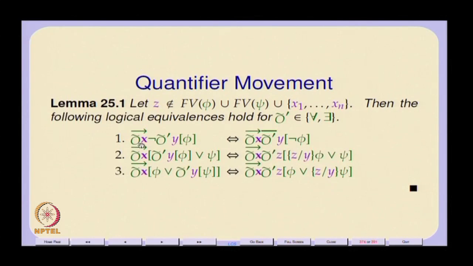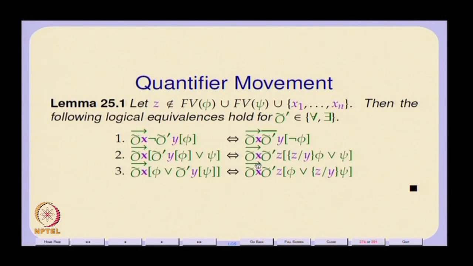Then for any vector of quantifiers followed by a not q prime, where q prime is one of the quantifiers, just like your De Morgan's law, you invert the quantifier q prime, so you get q prime bar, and you negate the body of this thing. And here you have q prime y phi or psi.